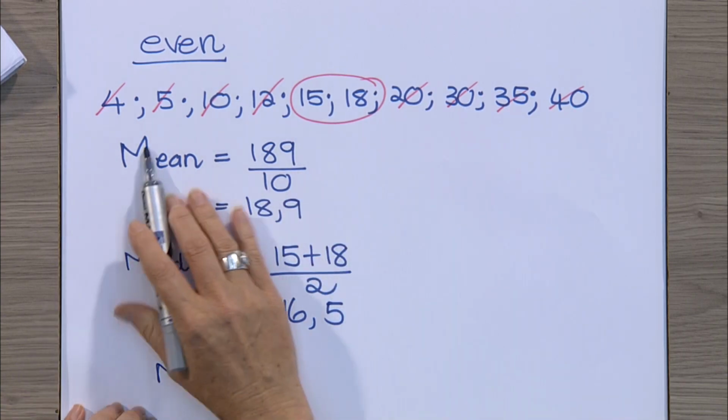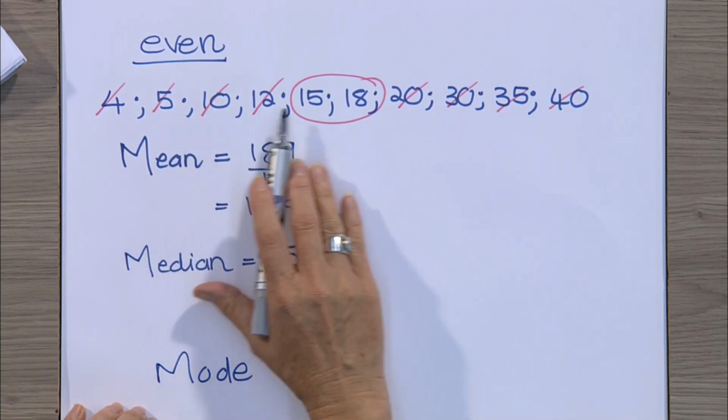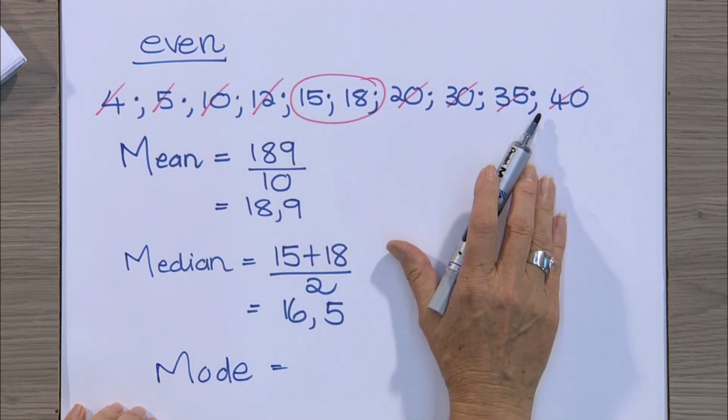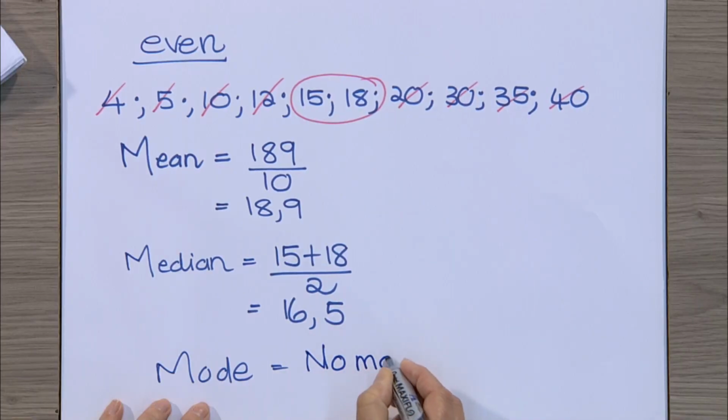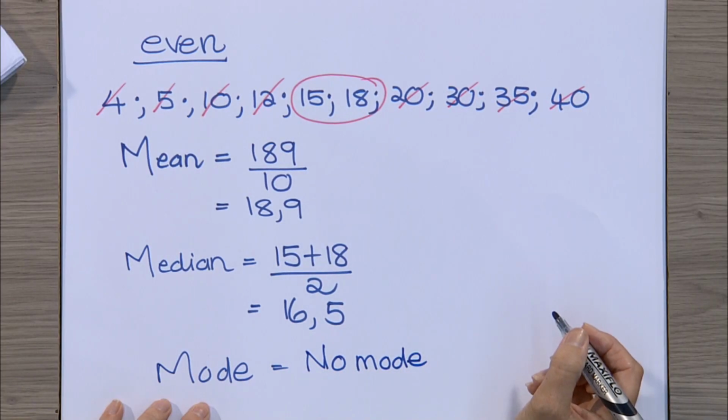Then I need to work out the mode. I look at my data set and I see there's no number that occurs twice. So in other words, the answer in this case, grade 12, and I want to make it clear, the answer is not 0, because 0 is a number and it can be the mode. If there's no number that occurs more than once, then the answer will be no mode, but never 0.